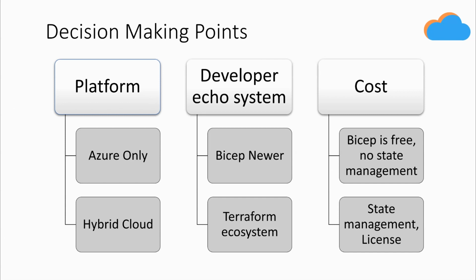Another thing is the cost of managing Azure Bicep is practically free, because you don't have to worry about the state file and state management, since by design Bicep takes care of that. You are offloading state management to Azure.